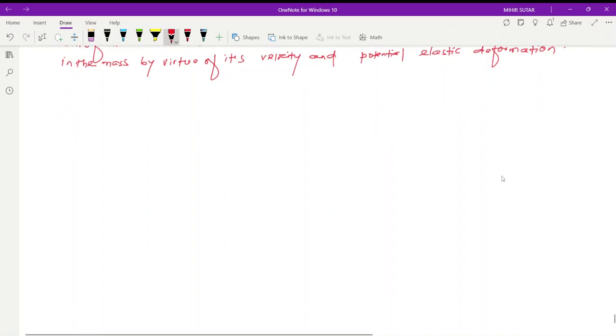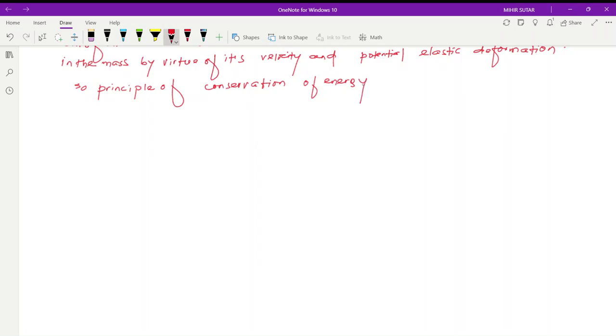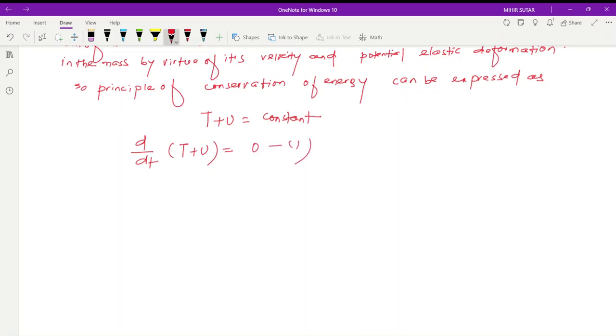So you can say the principle of conservation of energy can be expressed as T plus U is equal to constant, okay, or you can say d by dt of T plus U is 0. Let's say equation 1.